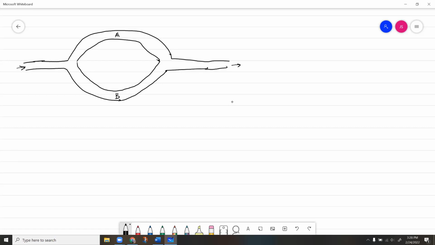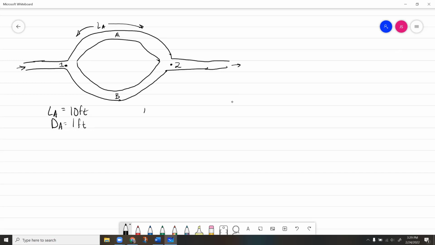So we'll say that we're going to evaluate the energy equation between these two points, before the flow splits and then after it converges. The length of pipe A is 10 feet. So this is length A. And then we'll say the diameter is 1 foot.